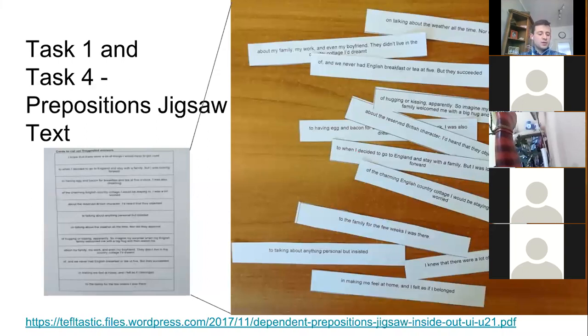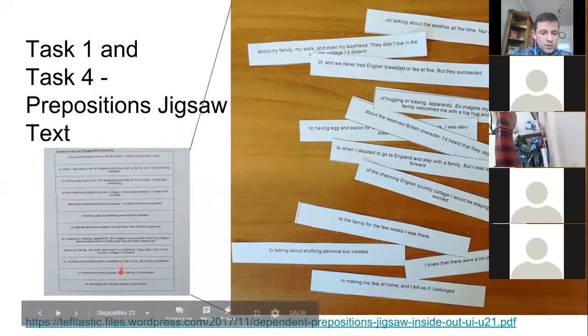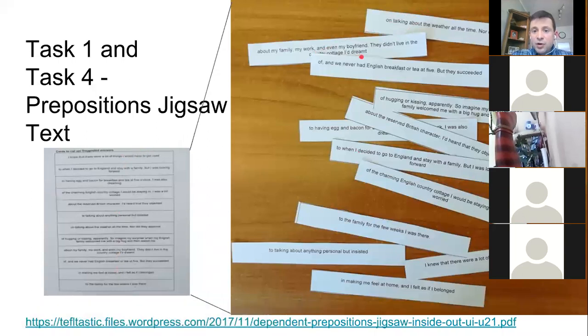This is another task I found online recently. So there's a whole text, and at the end of each section there is an adjective or verb, and at the start of each section there is a preposition. And my students in pairs tried to put the text in the correct order for it to make sense.